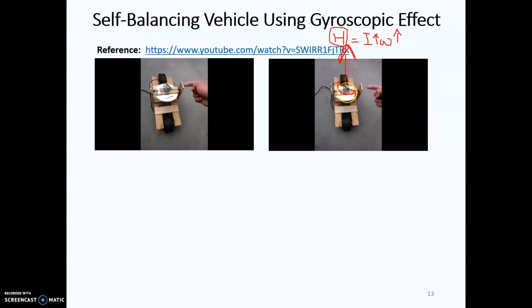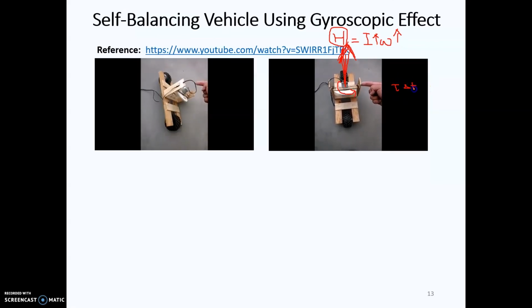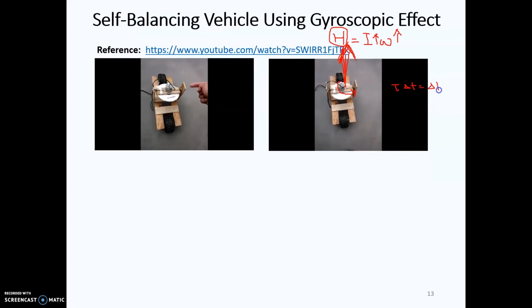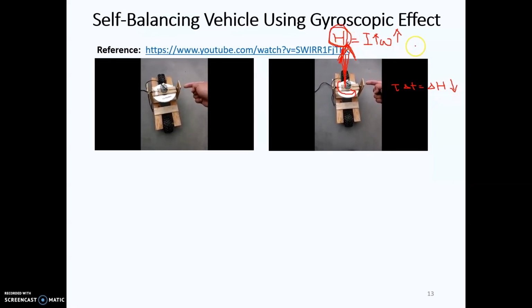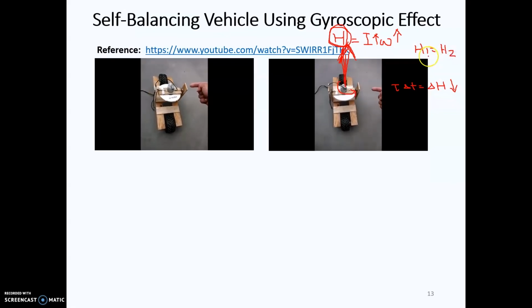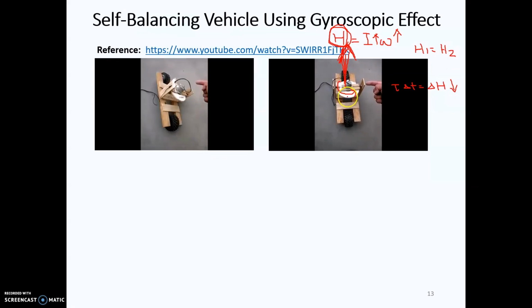The high-speed spinning device here will create the gyroscopic effect, which causes the spinning to remain in this direction. As long as the torque acting on the system that causes the change of angular momentum is small compared to the H here, then H1 will be just equal to H2, and the angular momentum can be conserved and will always remain at this position.